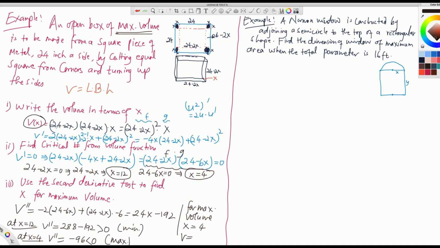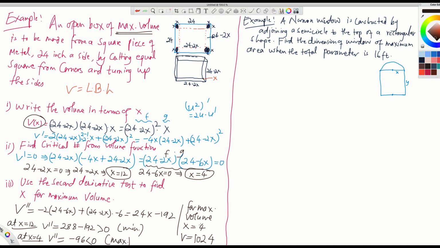When x is 4, you will get 24 minus 2 times 4 is 8. 24 minus 8 is 16, right? 16 times 16 is how much? 256. 16 times 16 is 256 times 4 is 1024. That's what you will get, 1024. This is the maximum volume.